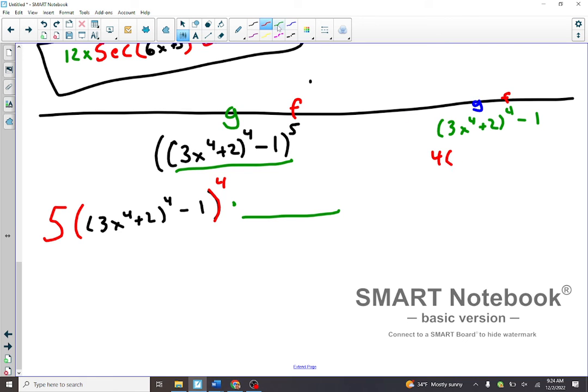4 times 3x to the fourth plus 2 to the third power. This minus 1, the derivative of minus 1 is 0, so that disappears. Times the derivative of the inside here, which is 12x to the third.